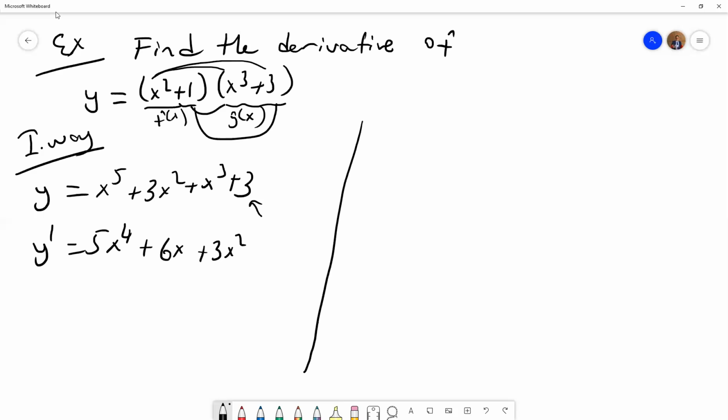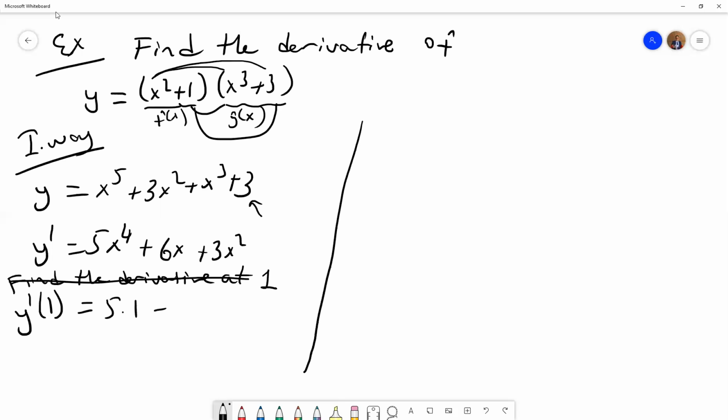And if you want to find the value of this y prime at any point, let's say for 1, we can find it. This is another example, of course: find the derivative at 1. So we find y prime 1, and we put 1 here, and 3 times 1 to the power 2, and 1 squared, 5, 6, and 3, 11, 14.